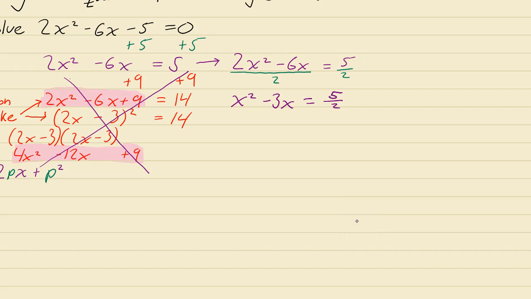So I'm going to say the 2 times p is equal to your negative 3 there. If you divide that by 2, you'll get p equals negative 3 over 2. And then when you square that, p squared is going to be negative 3 over 2 squared.